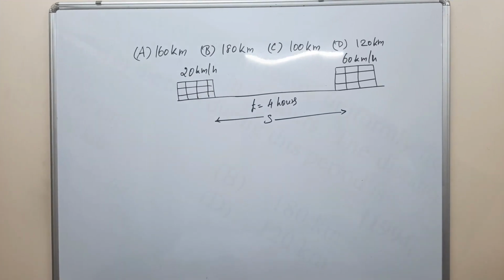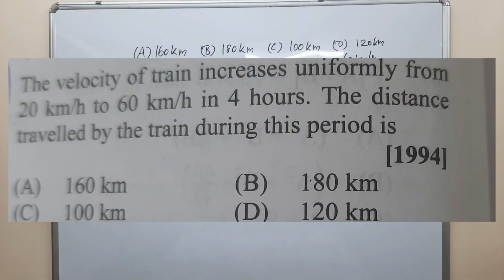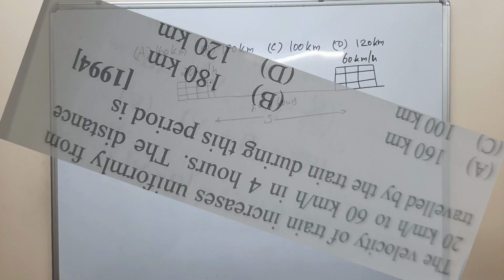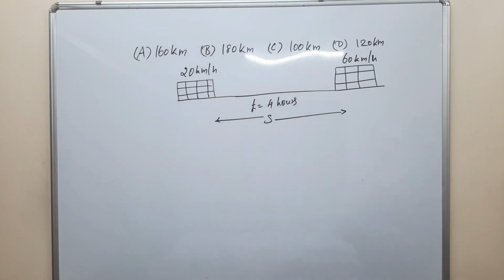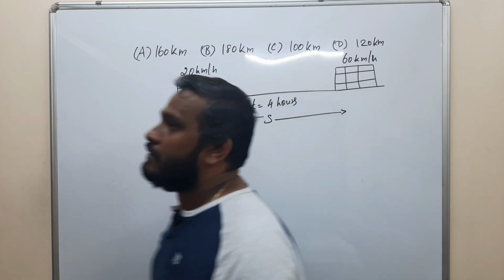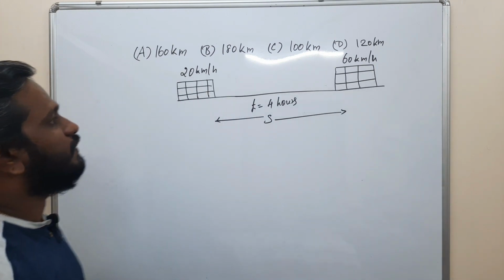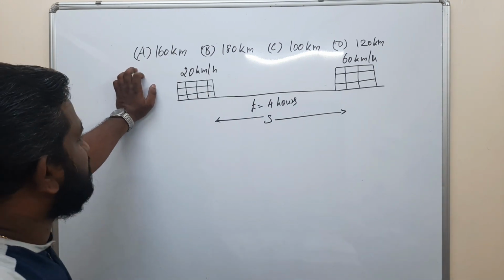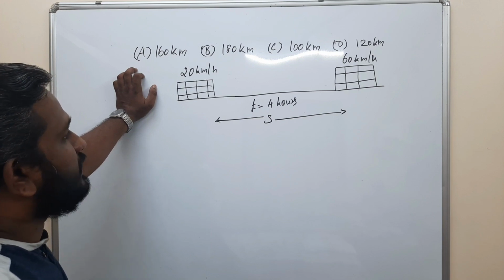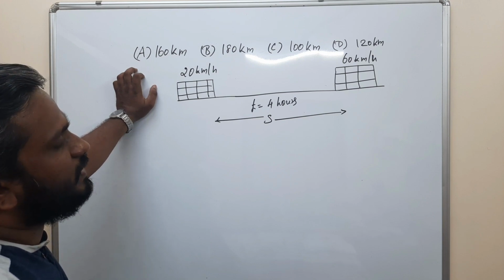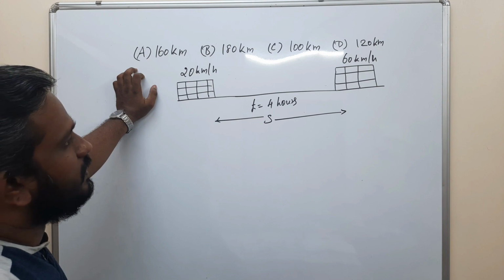So the next question. The velocity of a train increases uniformly from 20 km per hour to 60 km per hour in 4 hours. The distance travelled by the train during this period is. These are the 4 options given: A 160 km, B 180 km, C 100 km and D 120 km.